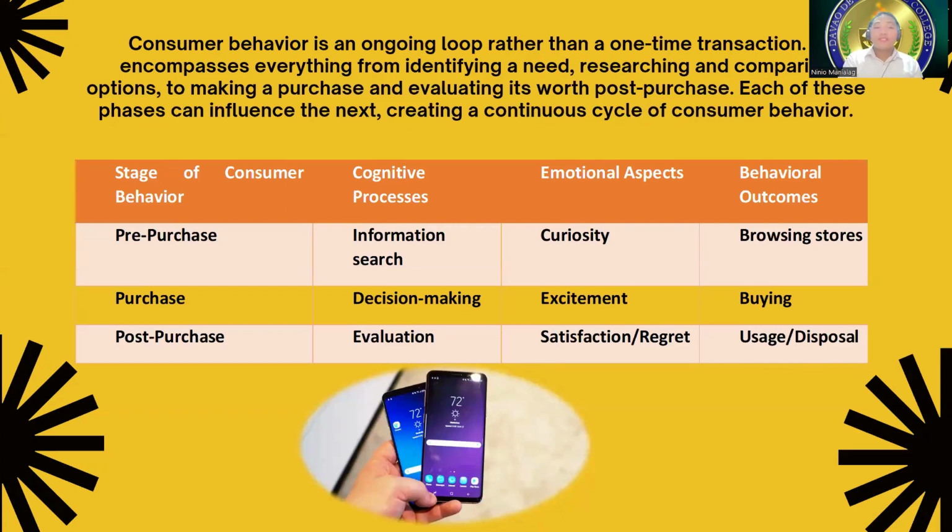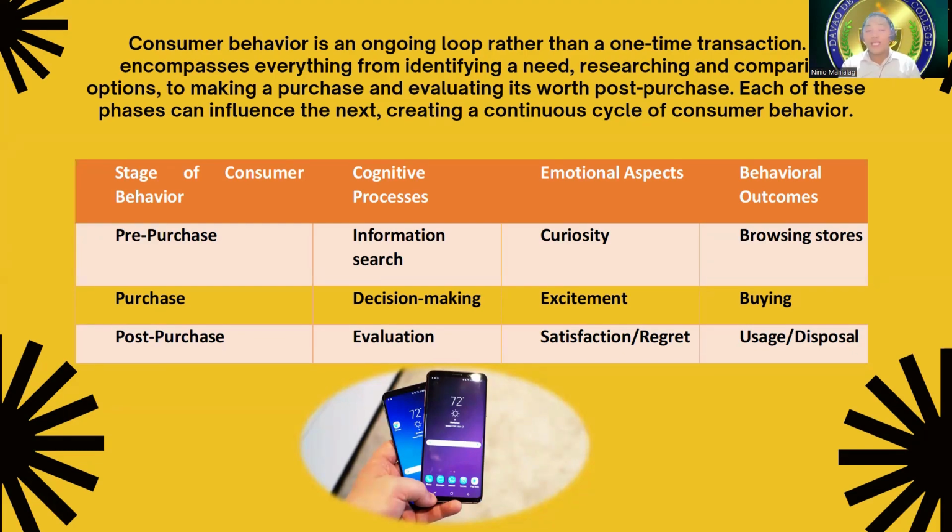Consumer behavior is an ongoing loop rather than a one-time transaction. It encompasses everything from identifying a need, researching and comparing options, to making a purchase and evaluating its worth post purchase. Each of these phases can influence the next, creating a continuous cycle of consumer behavior.